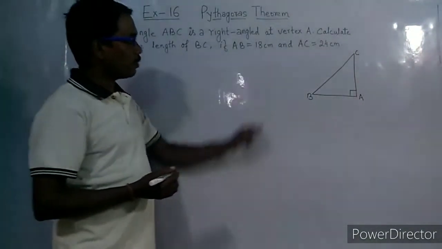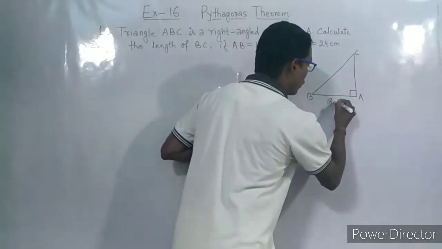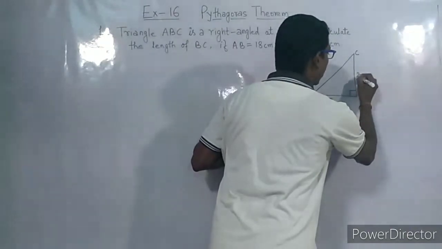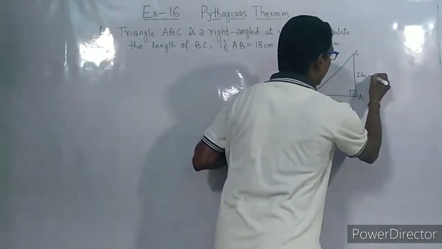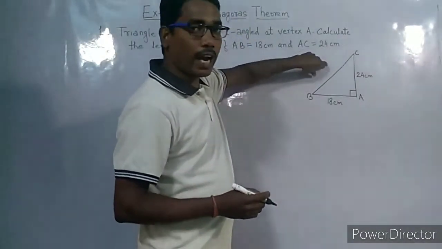AB is 18 centimeter, AB means this side, the base, and AC means this perpendicular line is 24 centimeter. Now you have to find the length of this BC, that is the hypotenuse.